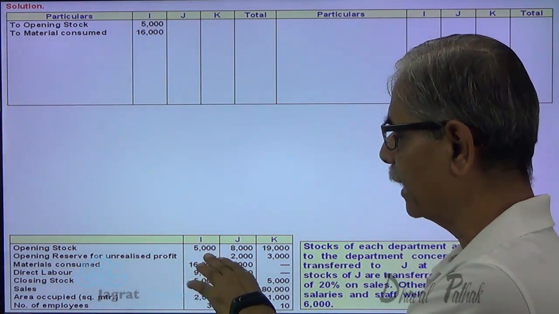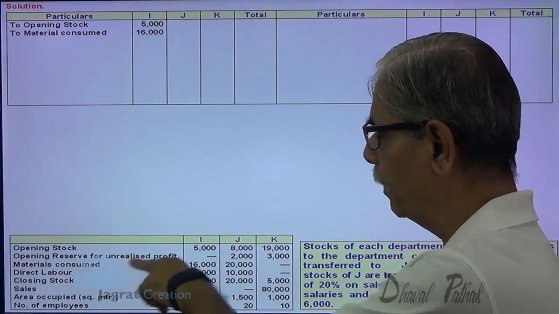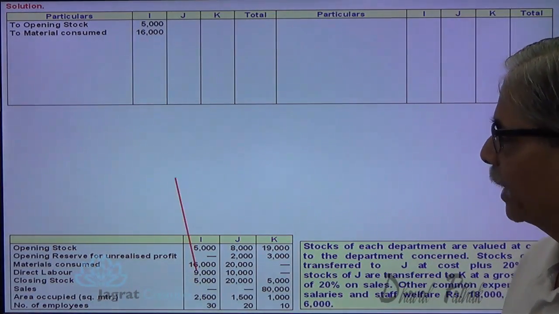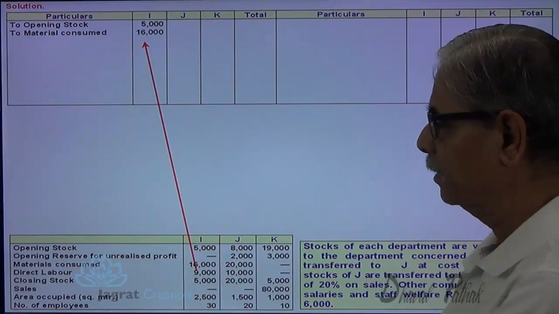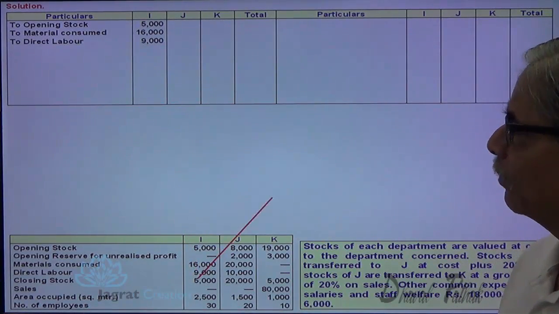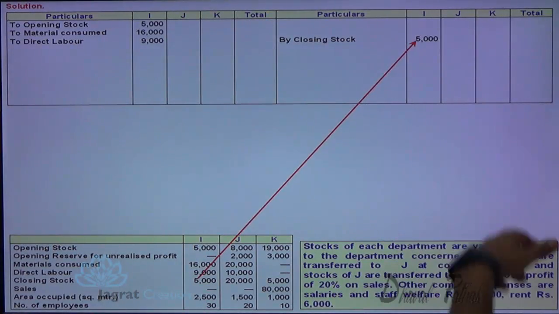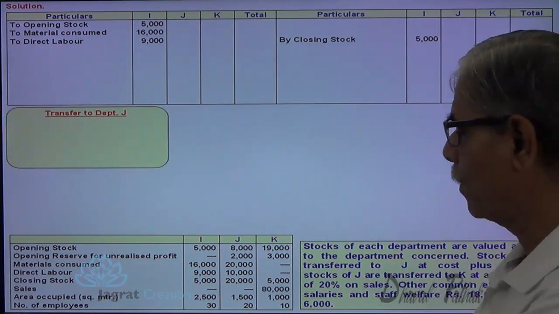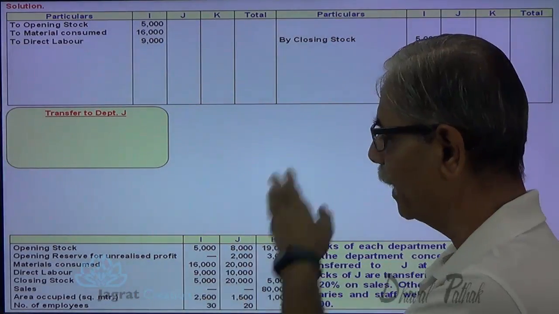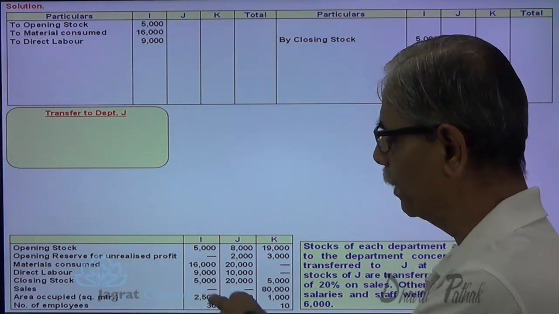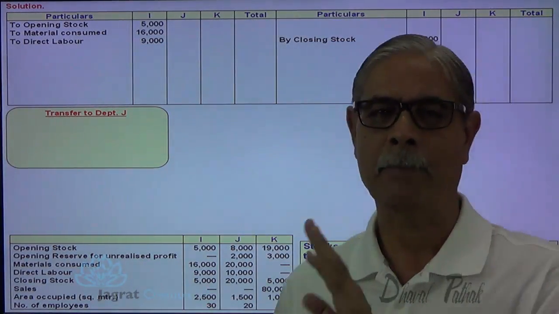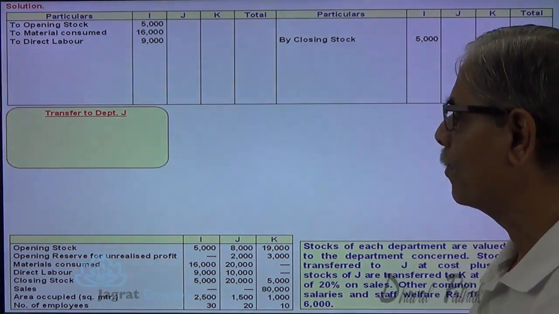Opening stock reserve, that is not there. Material consumed 16,000 debited to trading account. Then direct labor debited to trading account of I. Then closing stock credited to trading account. Now area occupied cannot be written in trading account. Number of employees is necessary for the purpose of apportionment of expenses.